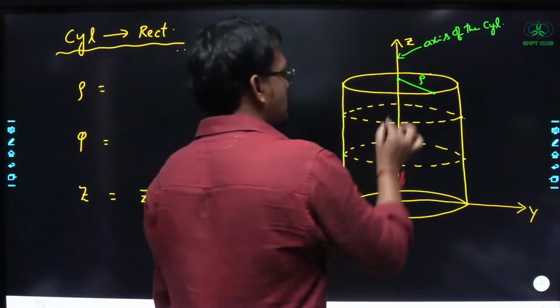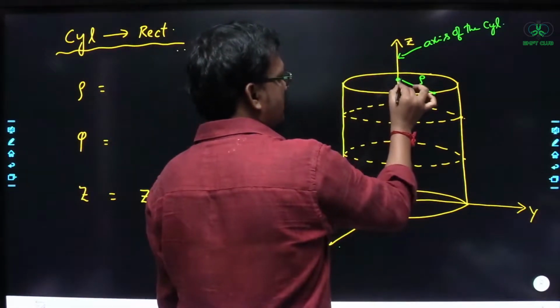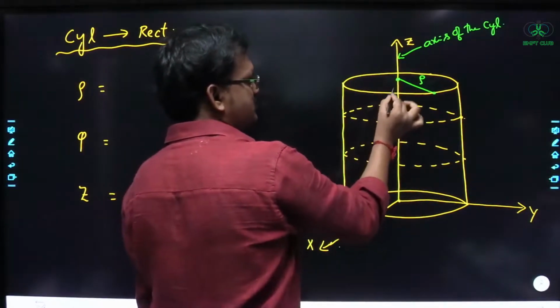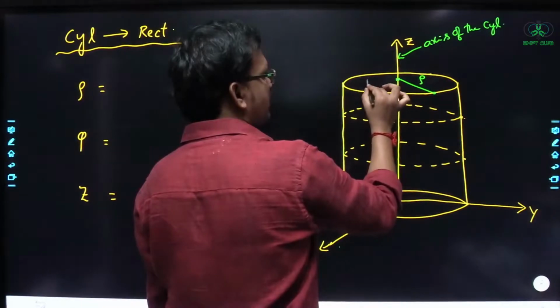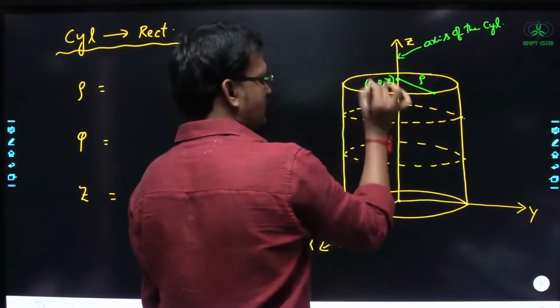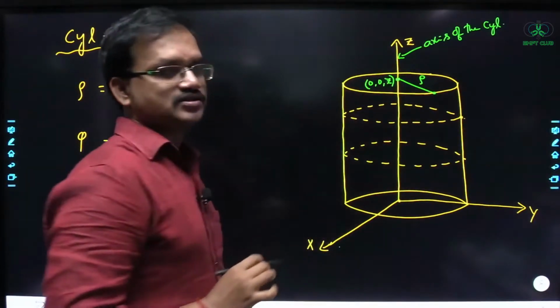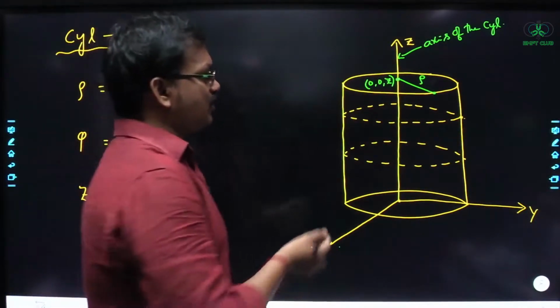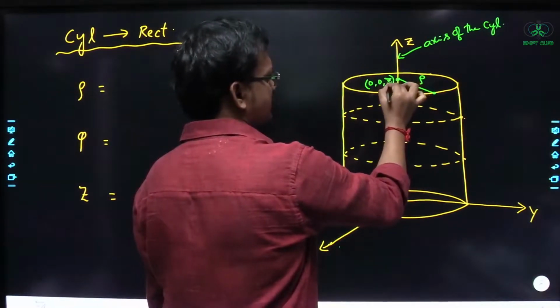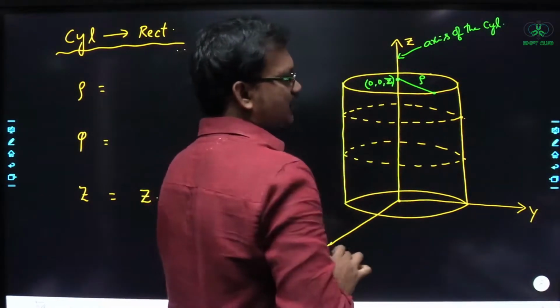See here, I am representing this point. This point is lying along the z axis, so I can represent it as 0, 0, z.